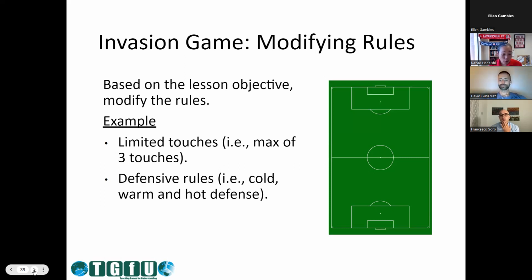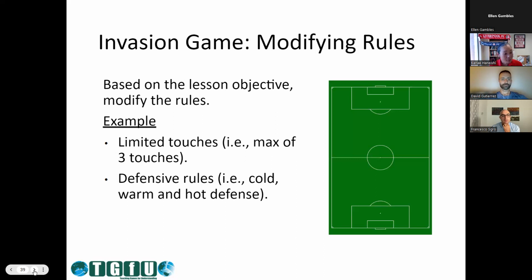If your students are struggling controlling the ball, you can add defensive rules such as cold, warm, or hot defense. So cold defense is that students are not allowed to touch other players and stay an arm length away, and no tackling, and only interception is allowed.